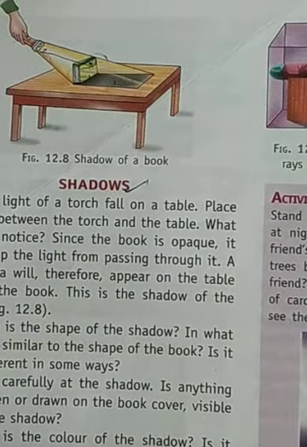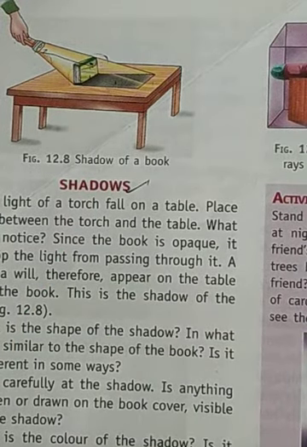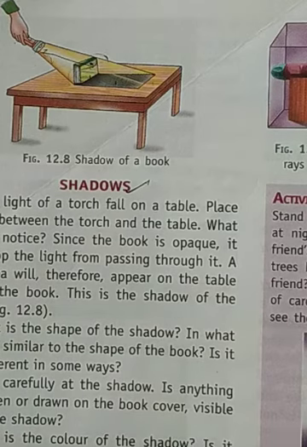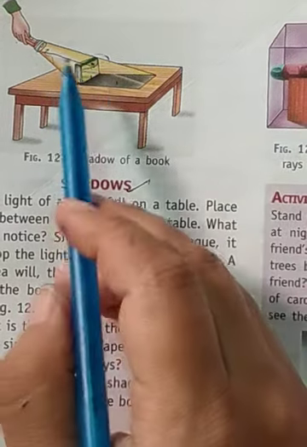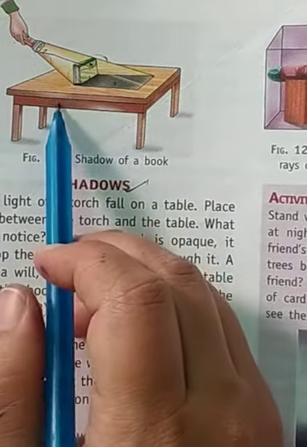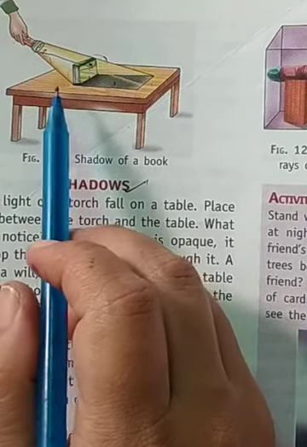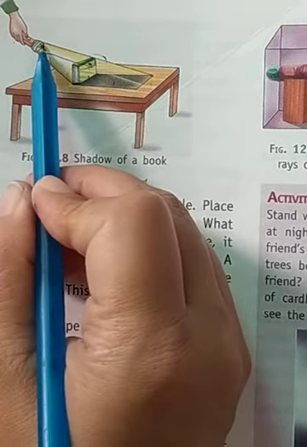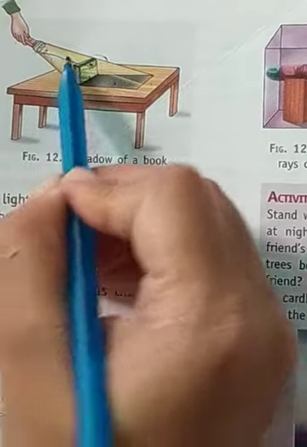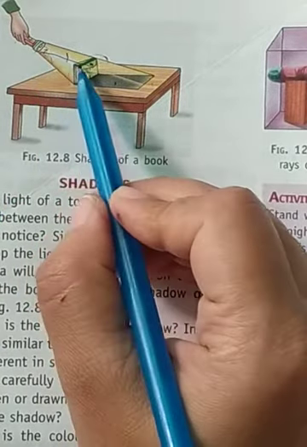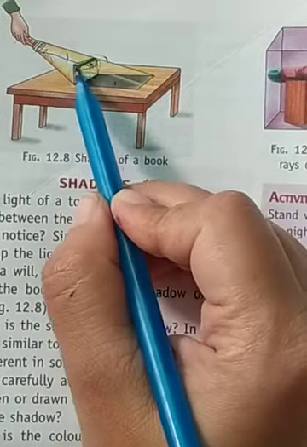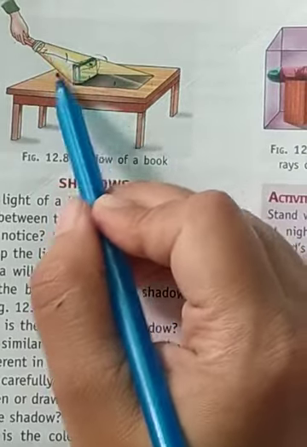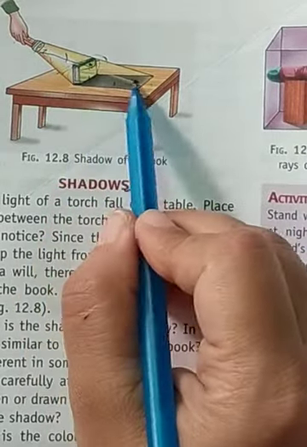So this is the way in which shadow is formed. Shadow is formed when the path of light, this one is the path of light, is obstructed by an opaque object. This is opaque object and this path of light is stopped by this, and due to which the shadow is formed.